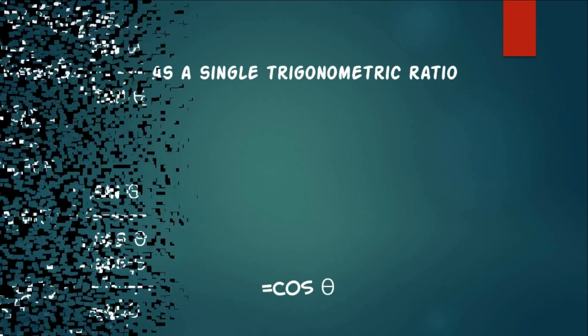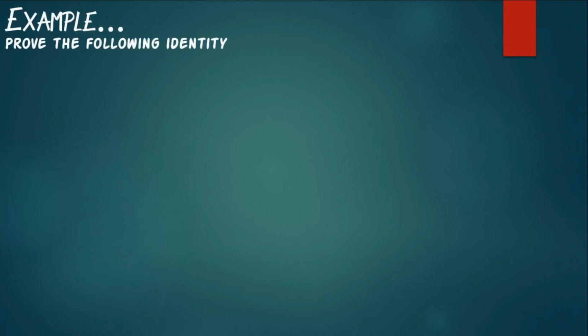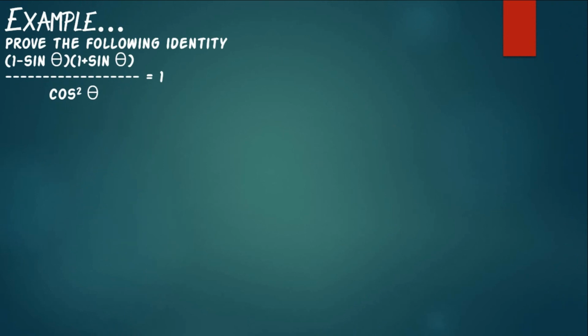So moving on to the last part, where you prove the identity. We have to prove this identity: 1 minus sine theta times 1 plus sine theta over cos squared theta equals 1.